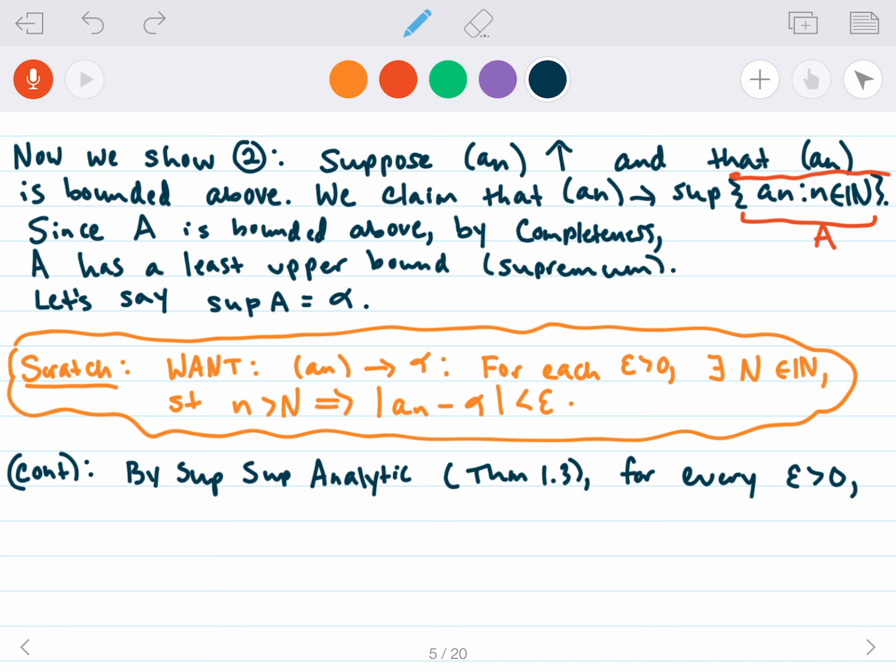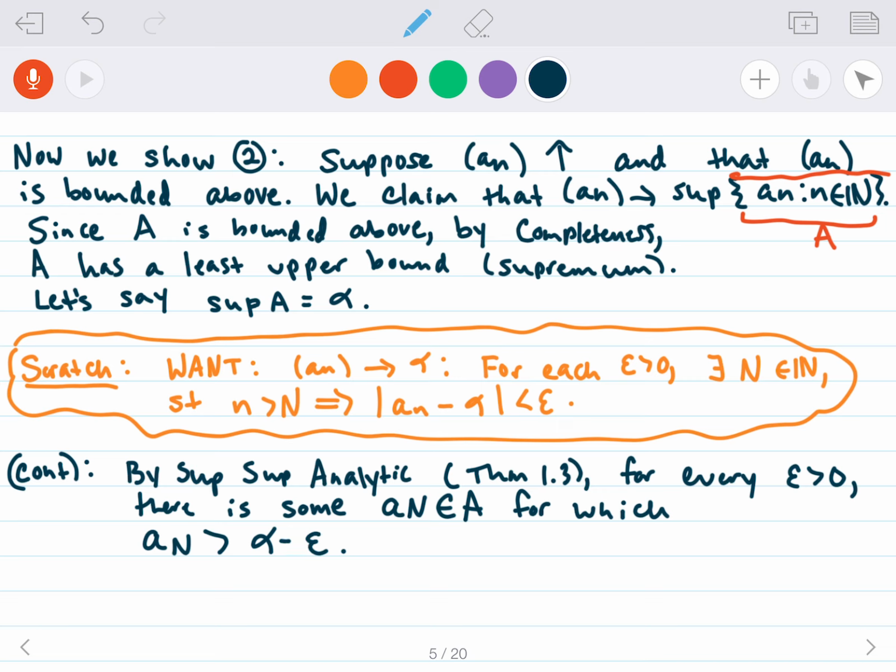So by the supremum analytic theorem, for each epsilon bigger than 0, there is some a sub capital N in the set for which a sub capital N is bigger than alpha minus epsilon. Okay, so that was the supremum analytic theorem.